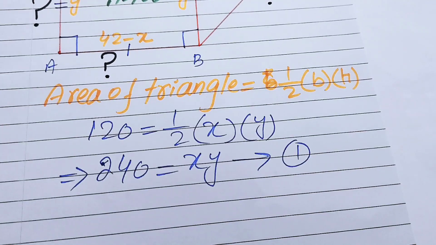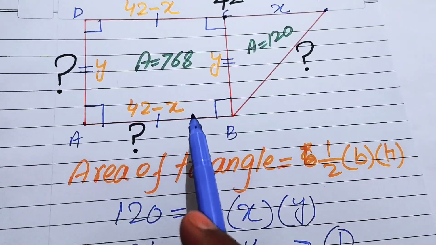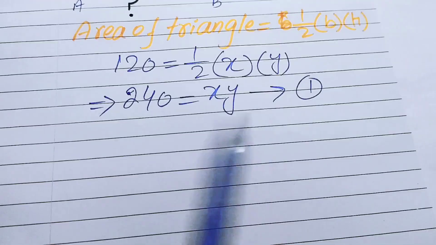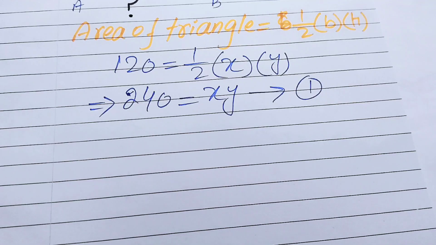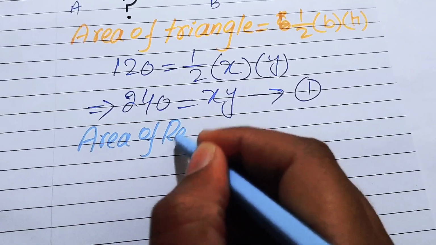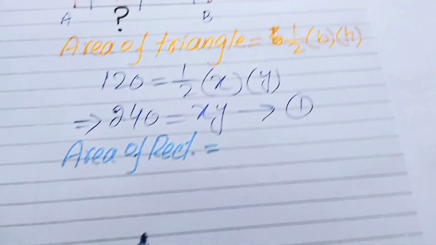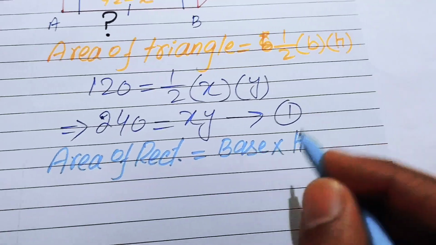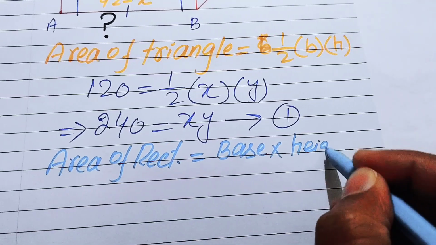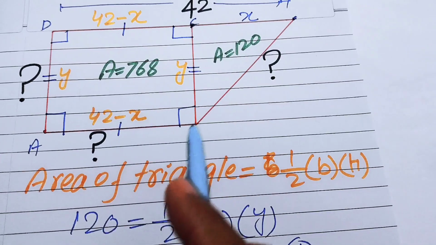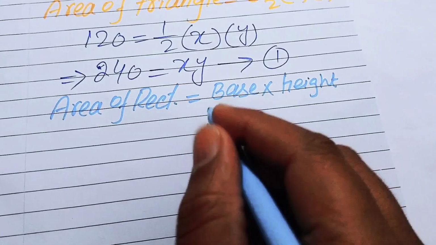After this step we move towards the rectangle and write its area formula. The area of a rectangle equals base multiplied by height, or length times width. Our base is 42 minus x and its height is y, so we substitute these values.